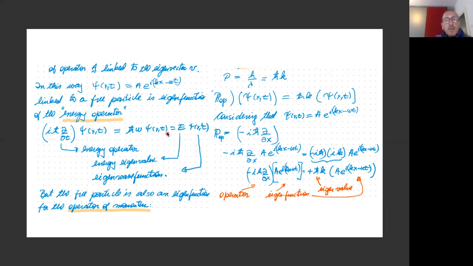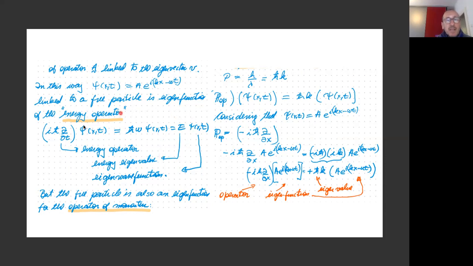If you look at this complete equation, this is the operator. It's not a matrix, it's a linear operator, a functional operator. Here is the wave function, or the eigenvector, here I have the same eigenvector, and here I have the eigenvalue. So I have the energy operator, the energy eigenvalue, and the eigenfunction.